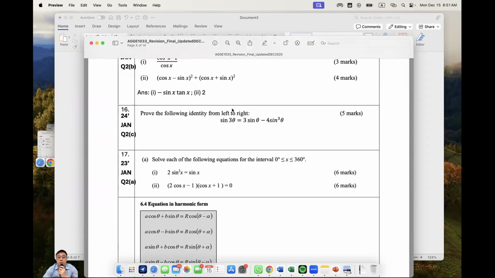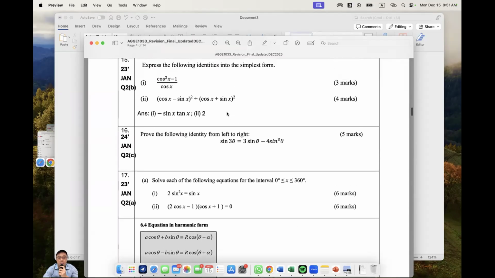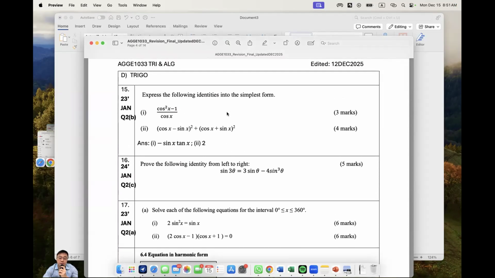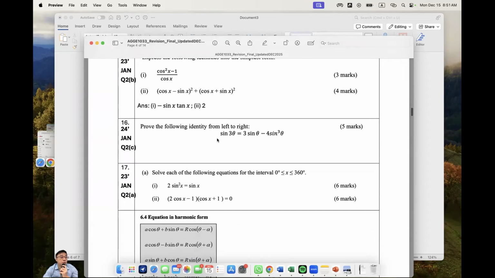Okay, I think this revision paper, maybe you do not find many proving questions. So I will suggest you to do more by doing the past year. We have some past year added for you, isn't it?